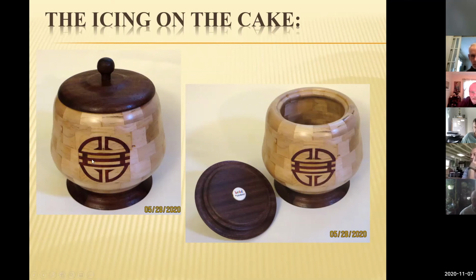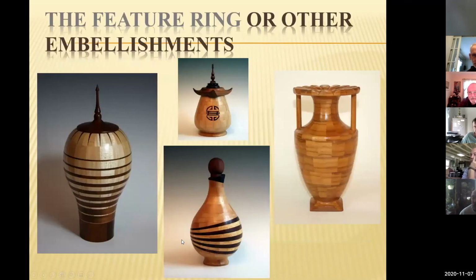And it has the Chinese symbol shu for longevity. And I thought, how appropriate incorporating this into a beads of courage. And there's the bead embedded into the lid. So this is another embellishment that I was able to make.